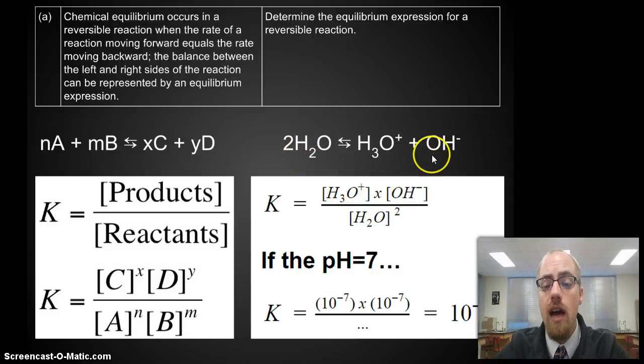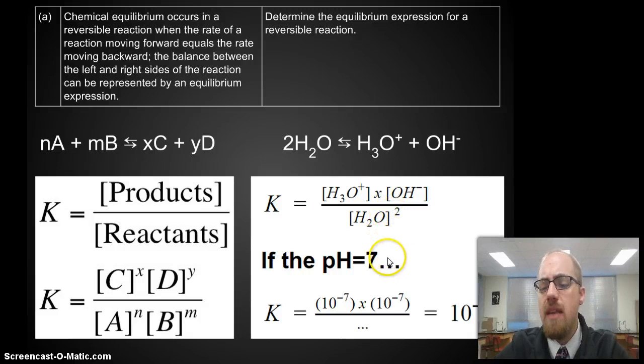We can express this as the concentration of the right side divided by the concentration of the left side. So the concentration of hydronium times the concentration of hydroxide, and since neither one of those has a coefficient in the balanced equation, we don't have any exponents there, divided by the concentration of the water squared, because that 2 is the coefficient for water, so we square that.